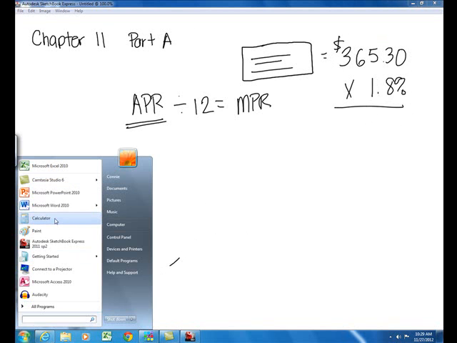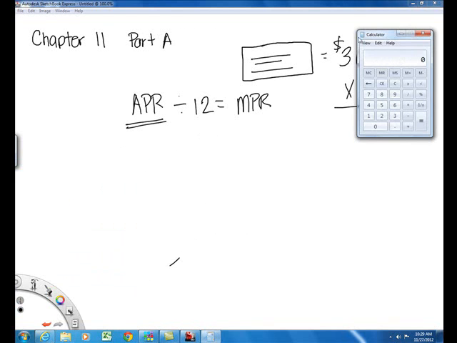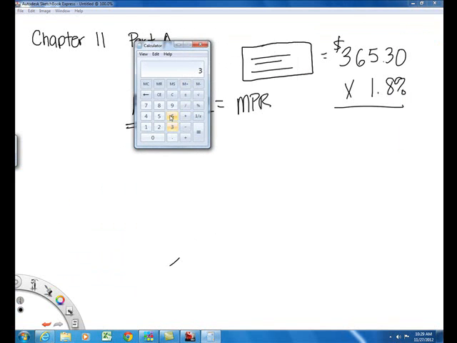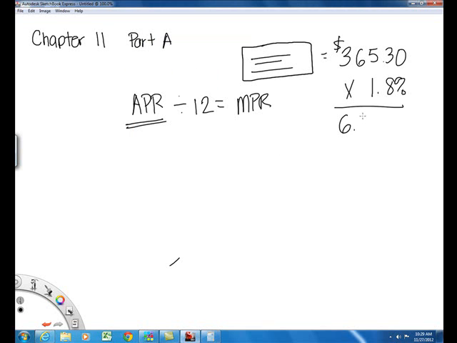All we have to do to find that is take $365.30 times 0.018, because on this calculator I have to put it in a decimal. It won't let me use the percent sign. And it tells me my finance charge is $6.58. Of course, we'll round that to the nearest cent because we can't charge half cents. So $6.58.